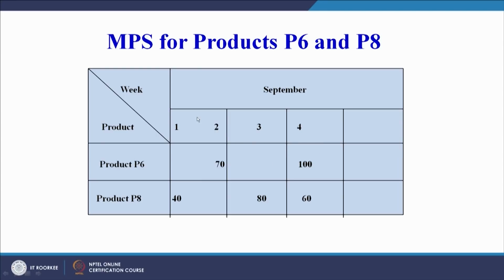In week 1 product 8 is required in quantity 40, and in week 2 product 6 is required in quantity 70, and in the last week of September both are required, 100 for product 6 and 60 for product 8. So this is a kind of master production schedule. The weekly production requirement is mentioned here, that is, the exact requirement for product 6 and product 8 on a weekly basis for the month of September.